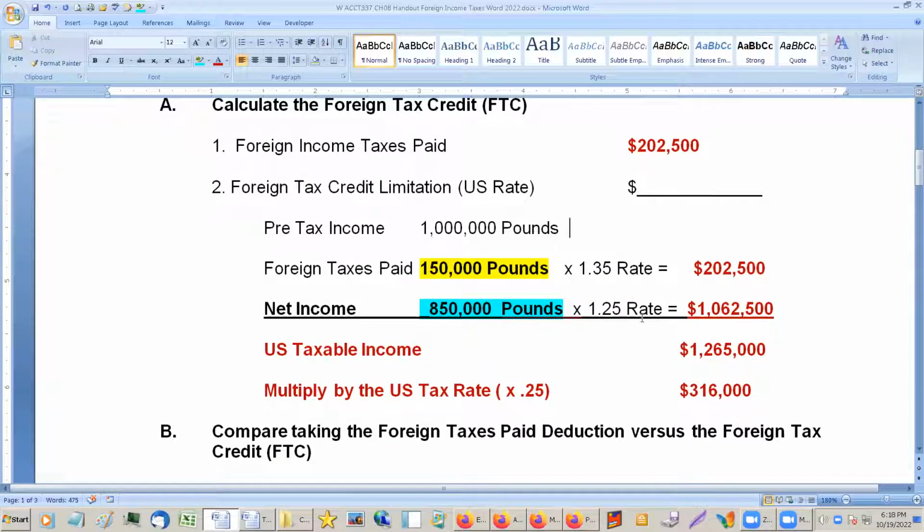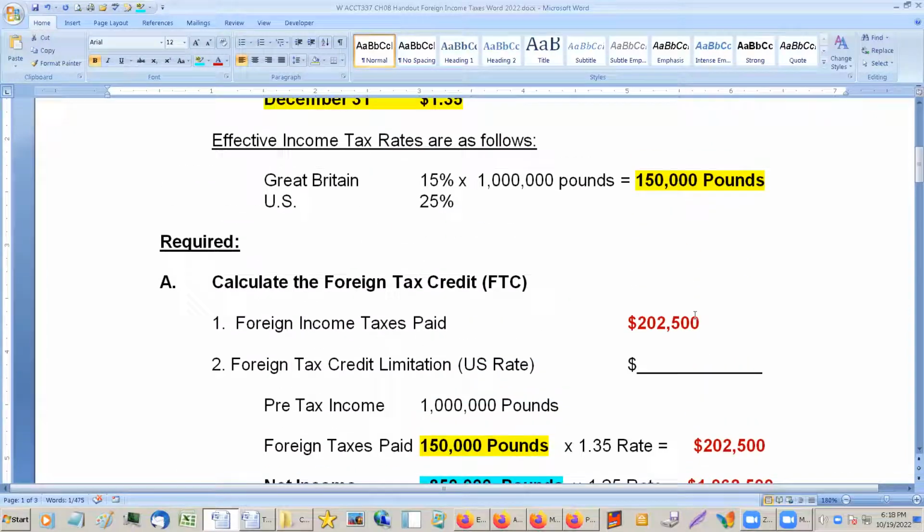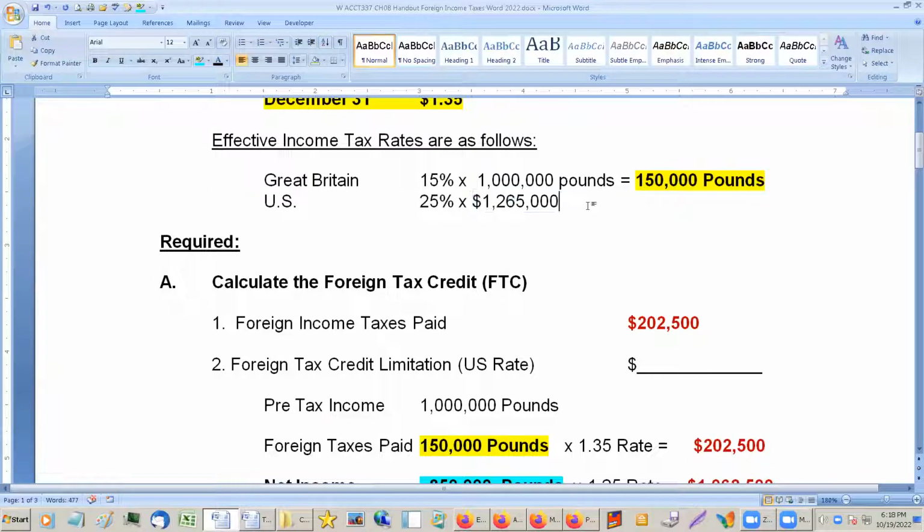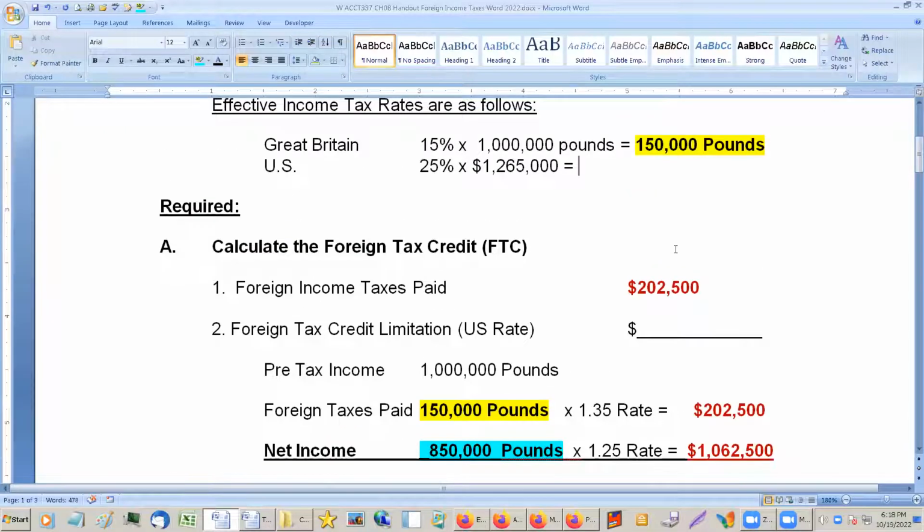The US rate was 25% times this taxable income, which is that. These are going to be in US dollars. 316.